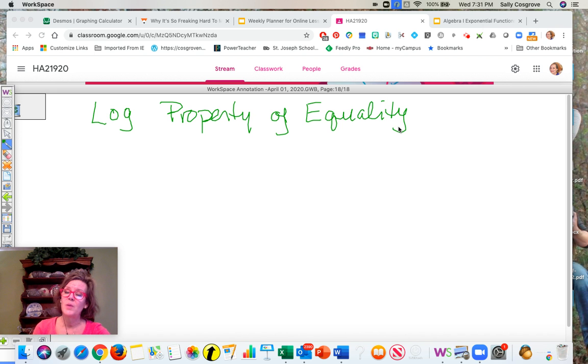We had a property of equality for radicals, and we learned that we could take the square root of both sides of the equation at the same time. We had a property of equality for exponentials, and we learned that if the bases are the same on either side of the equation, if we had b to the x equals b to the y, then x equals y. So we learned those and used those properties, and the log property of equality is very similar to that.